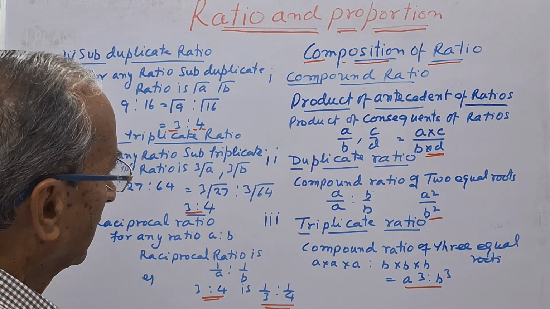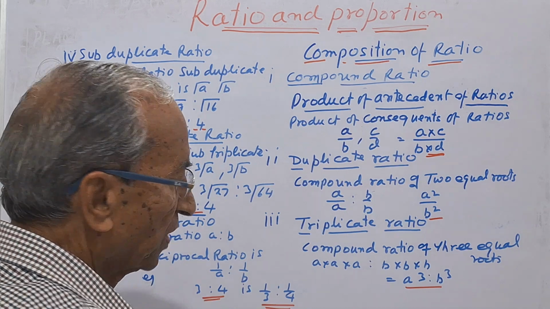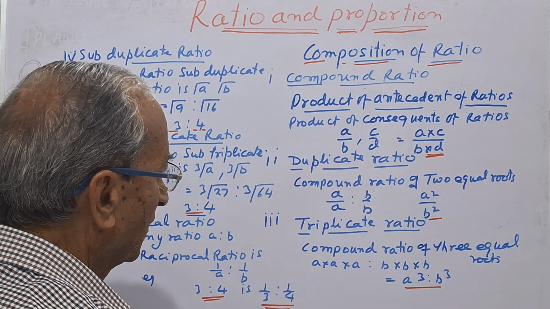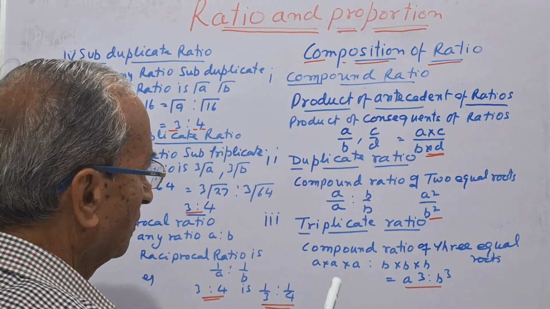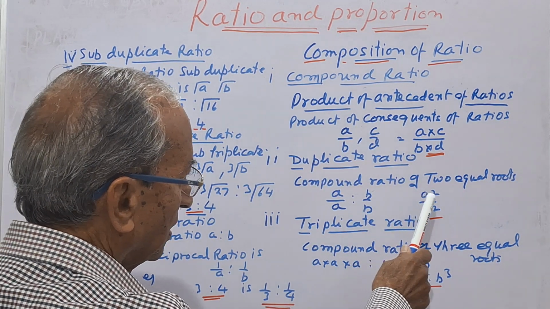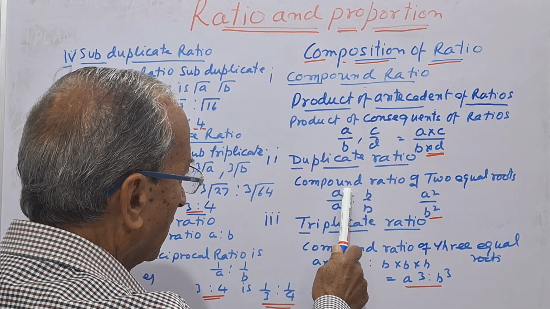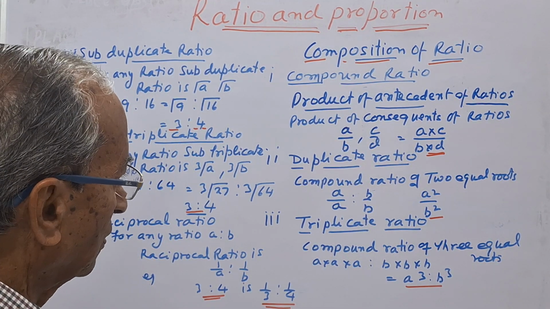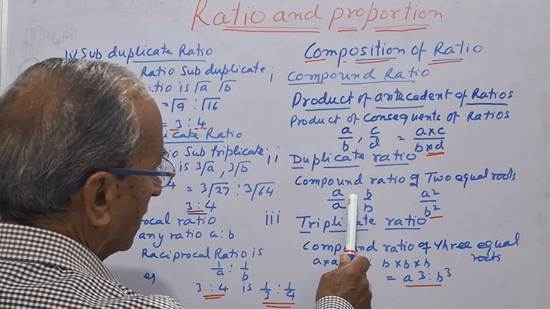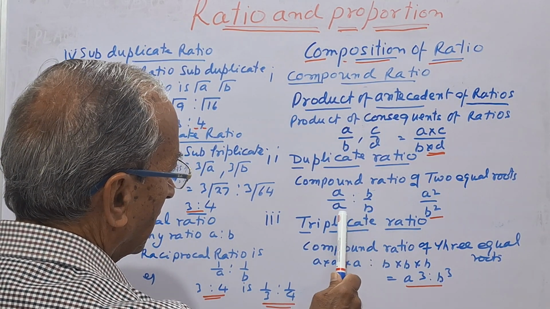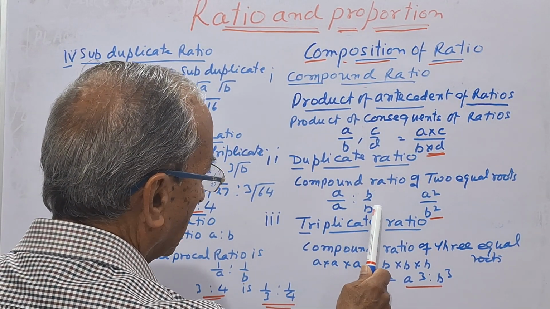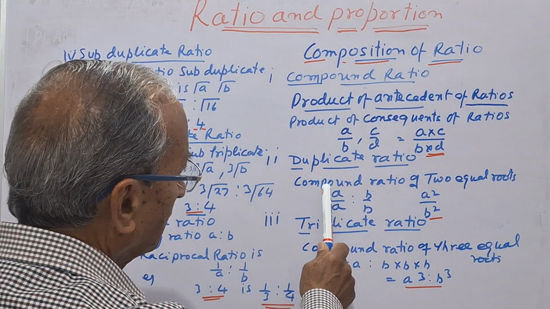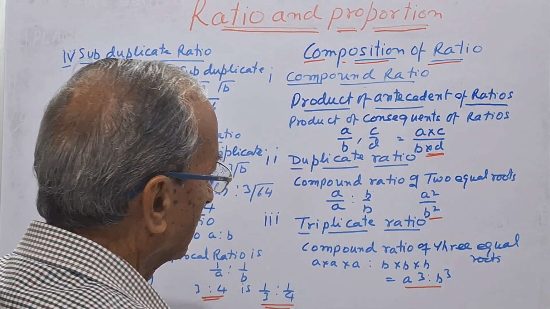Now second is duplicate ratio. As the name shows, duplicate. That is, if the same ratio, for example A upon B and A upon B, then the product of the antecedents and the product of the consequents. So it is the compound ratio of two equal ratios.